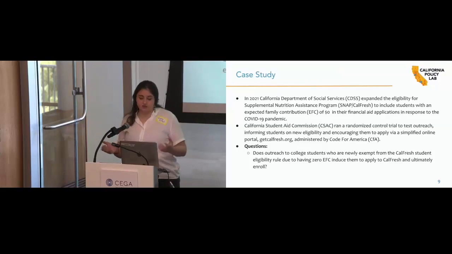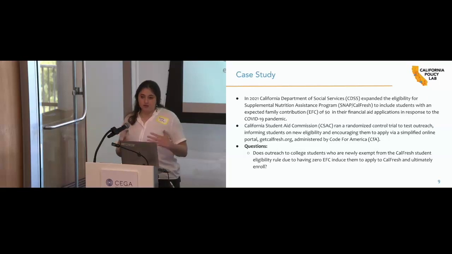And this was in response to the COVID-19 pandemic. A second agency, the Student Aid Commission, ran a randomized control trial to test the outreach, informing the students of the new eligibility, and encourage them to apply to CalFresh via a simplified online portal, which was getcalfresh.org, which is administered by a third agency, Code for America.